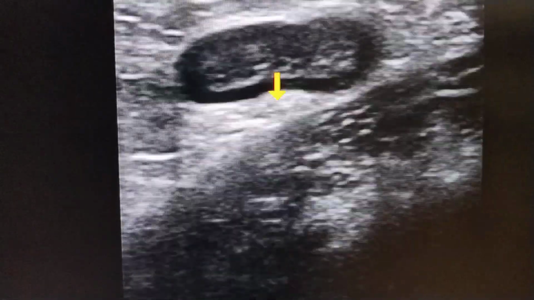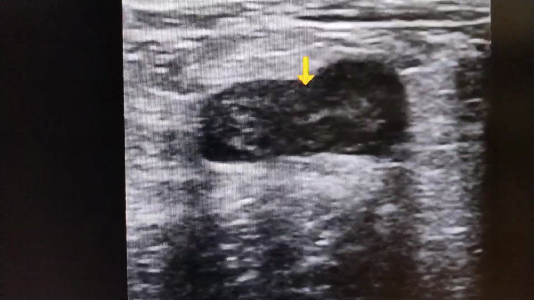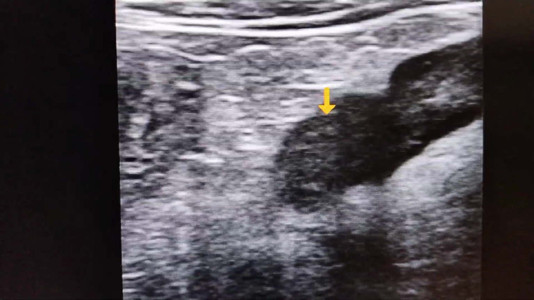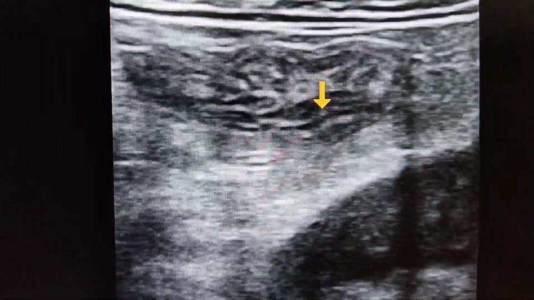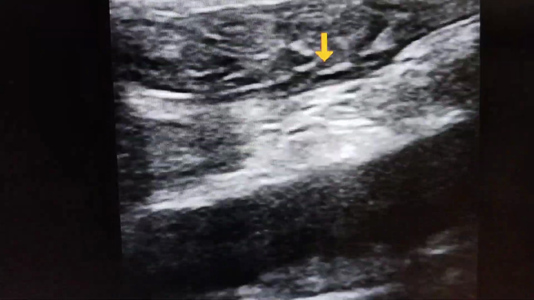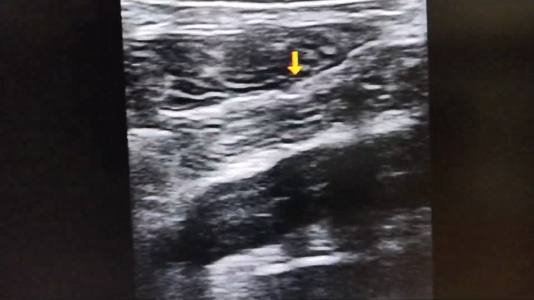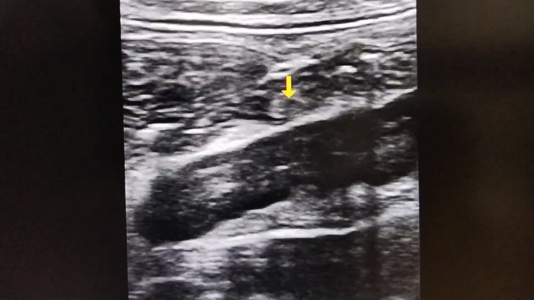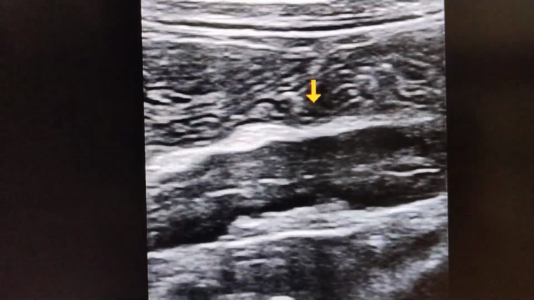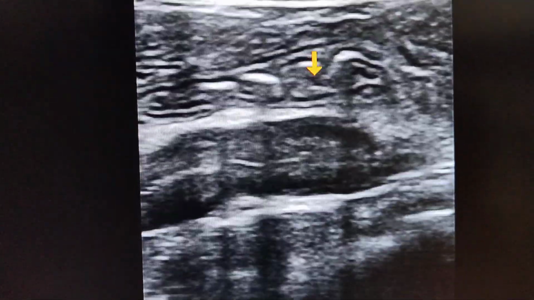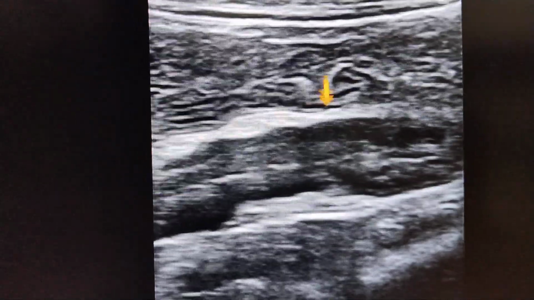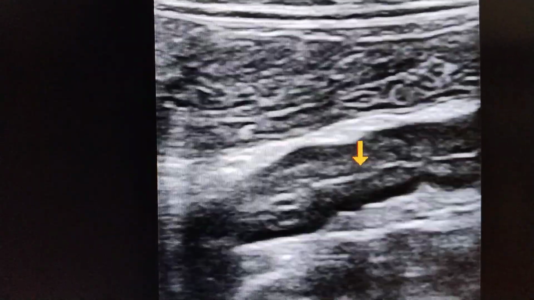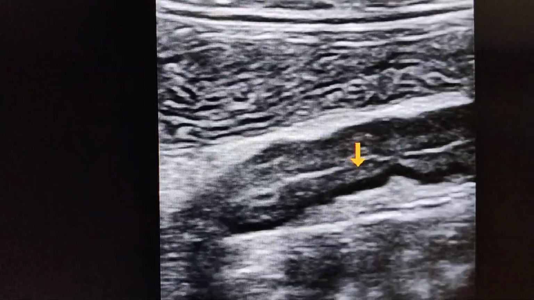This is the descending colon, and now I have reached the left splenic flexure. So this is the splenic flexure, which is having the same appearance as the descending and sigmoid colon.